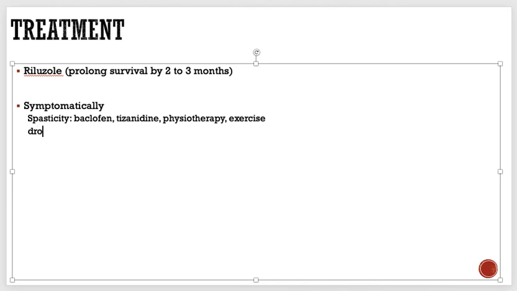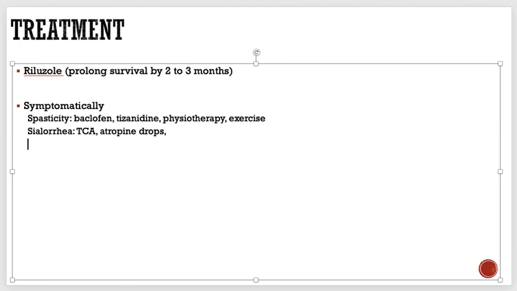If they have too much drooling, also called sialorrhea, we can give them tricyclic antidepressants, or we can give them atropine drops to stop their saliva. Nowadays, one more thing is we can give Botox injection in their salivary glands, which will stop production. Whatever they have, we have to treat that.